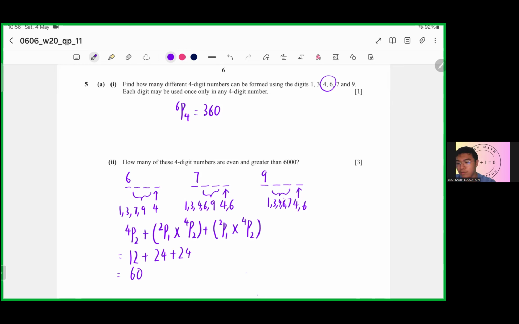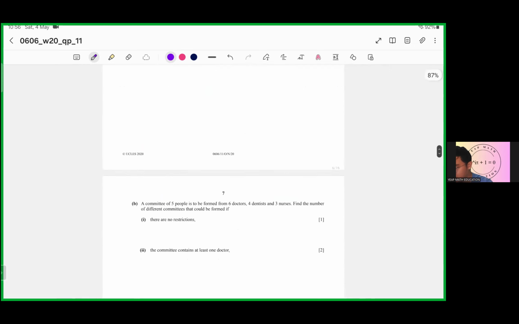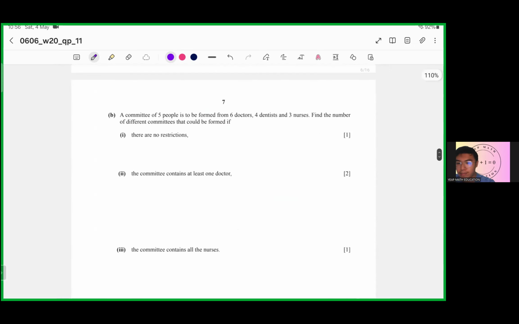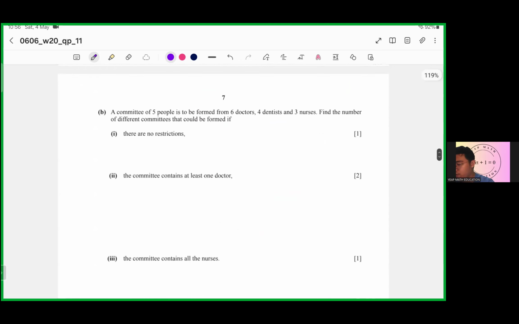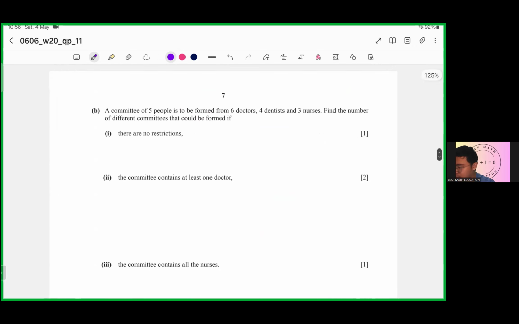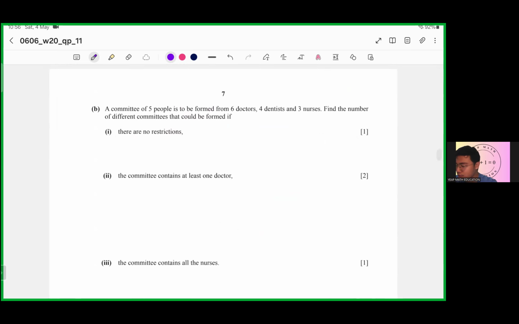Okay, now we look at the next question. Okay, question B. A committee of five people is to be formed from six doctors, four dancers, and three nurses, and find the number of different committees that could be formed if there are no restrictions.